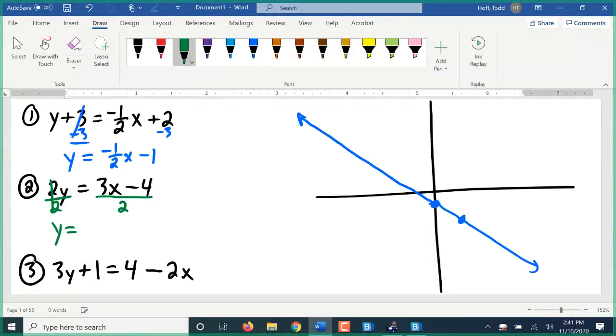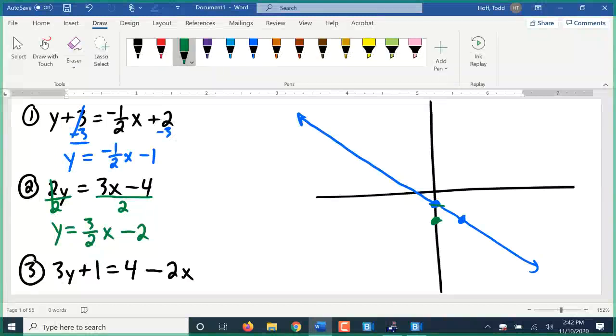On the right side, we have to divide both the 3x and the negative 4 by the 2. Well, 3x divided by 2, remember, we're just going to treat that as a fraction. 3 divided by 2 is just 3 over 2, and the x stays there. Negative 4 divided by 2 is just a negative 2. So for that one, we're going to start at the negative 2.